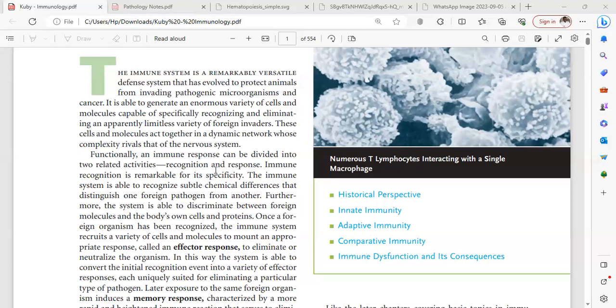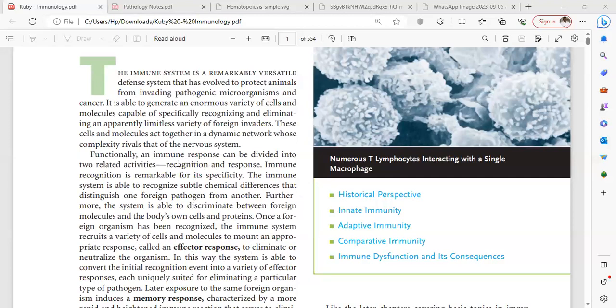After that, recognition leads to an effector response, whereby the immune cells recruit cells that are able to go and attack the foreign substances and can either eliminate or neutralize the pathogenic substance.